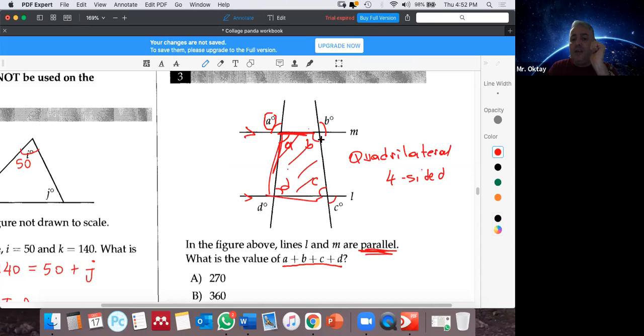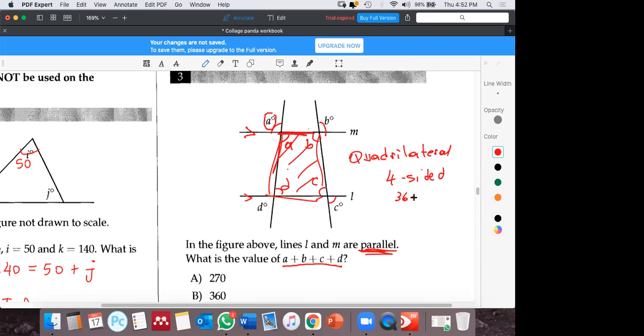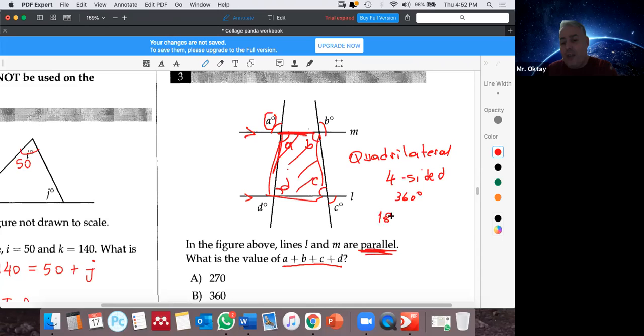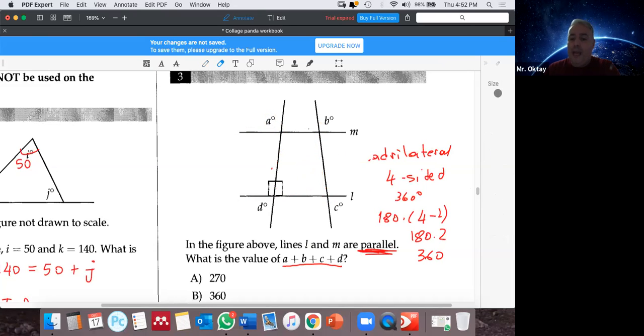So what is the sum of the interior angles of a four-sided figure? 360. Or if you forget, this is by using vertex angles. I haven't used the definition of parallelism. Let me use also the parallelism. What will be the answer?